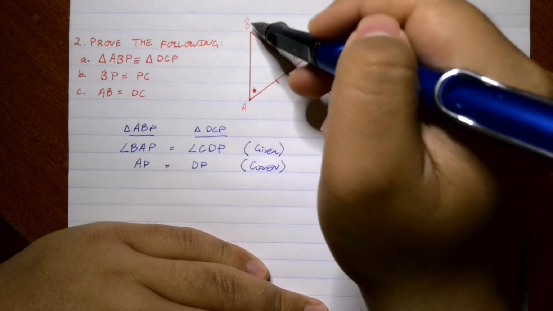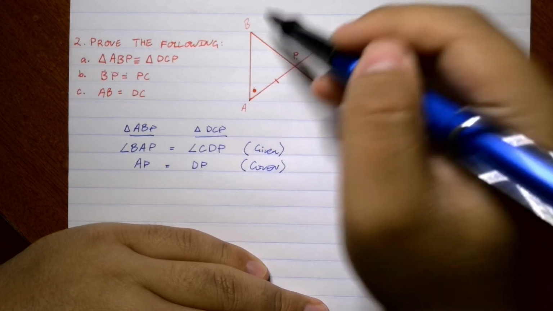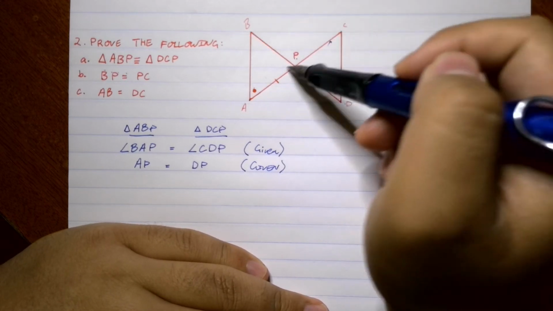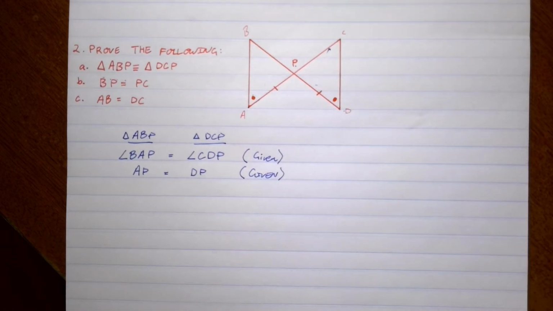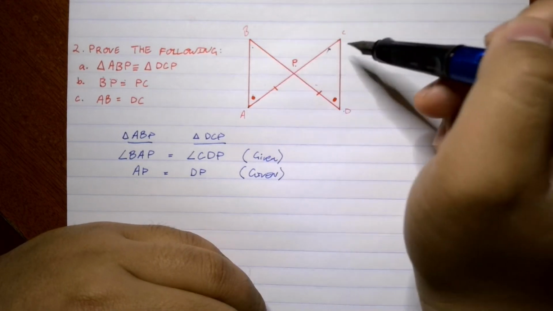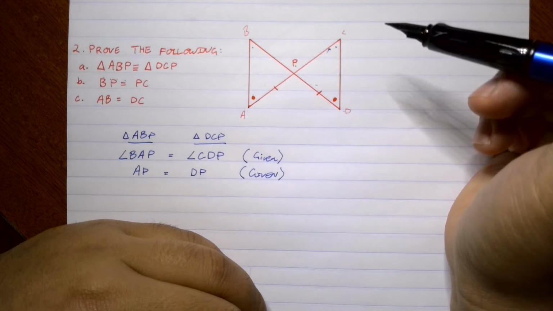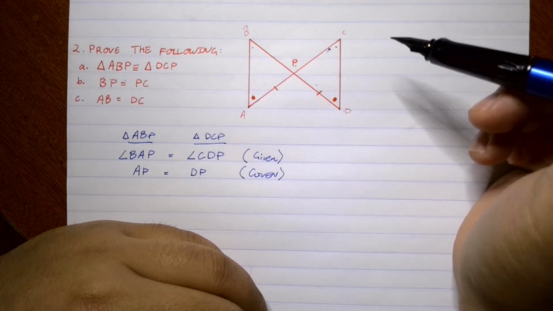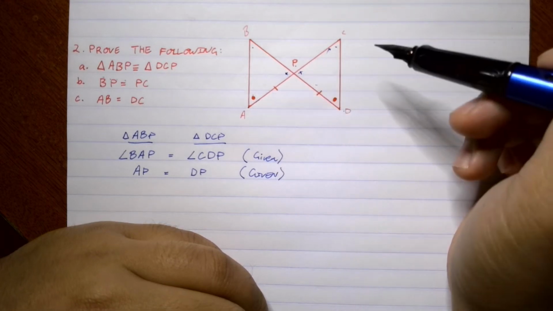And now lastly, let's see if we can find any other angles or sides. Well, we can't use AB and CD because we don't know if they're equal or not. Neither can we use BP or CP. At this point, we can actually do one of two things. If we can prove that these two angles are equal, we would have successfully solved this problem. Or if we can prove that these two angles are equal.